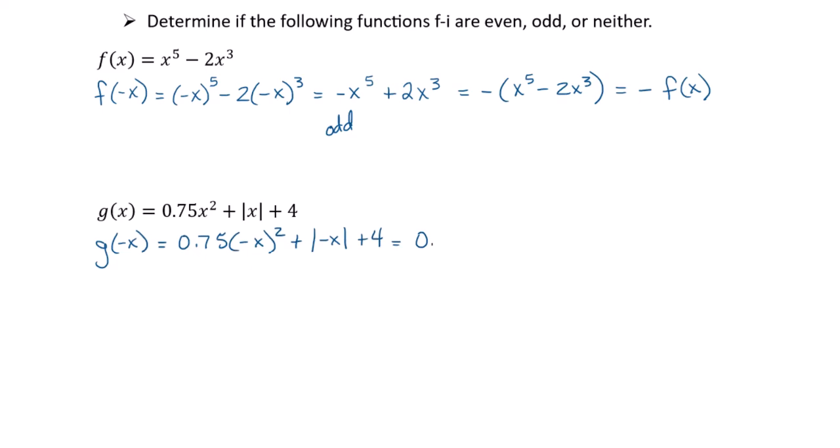When we simplify, this is equal to 0.75x squared plus the absolute value of negative x, which is going to be the same as the absolute value of positive x, plus 4. Here we came out with the exact same function that we started with. So when g of negative x is equal to g of positive x, this means we have an even function.